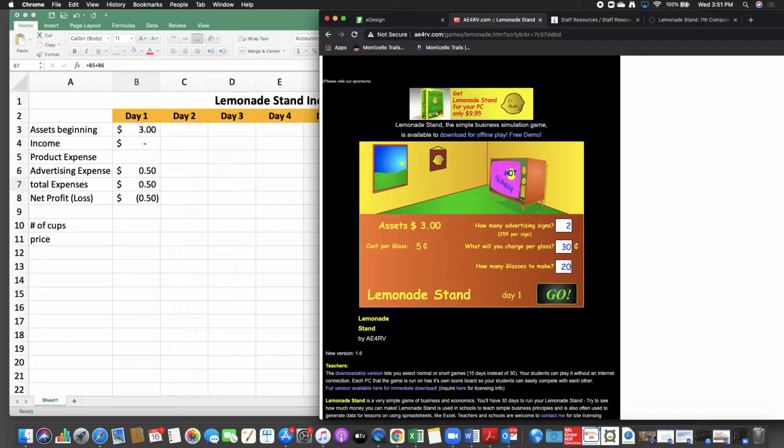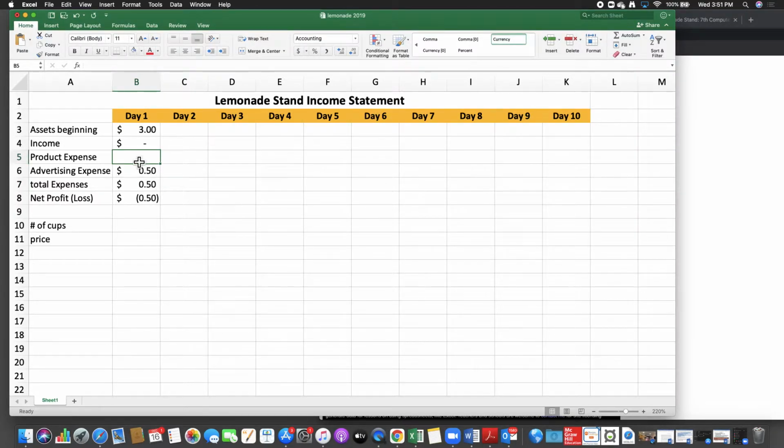Okay, so to figure out my product expense, I'm going to do equals 0.05, that's 5 cents, times 20. Because no matter how many I sold, that's how many cups I made. Okay?